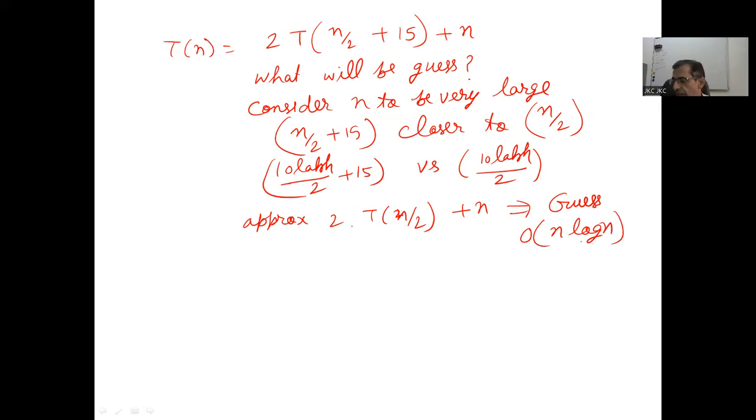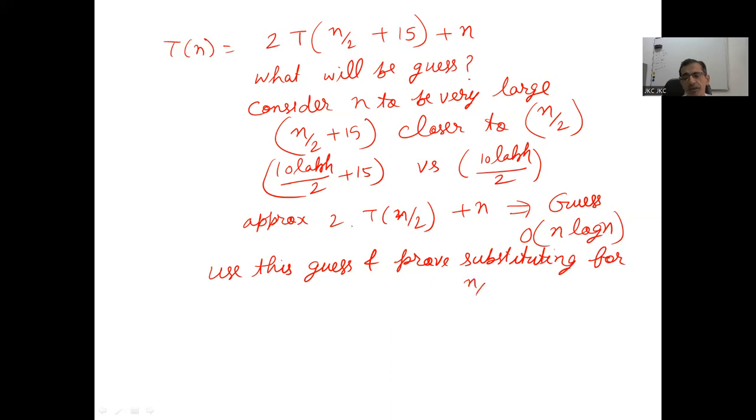So if I make a good guess, maybe I can put it here and then try to prove. So use this guess and prove it using substitution, substituting for n/2 plus 15 accordingly in the right hand side, and then solve it and reach T(n) equal to O(n log n).